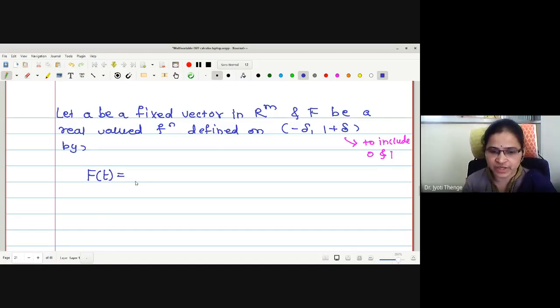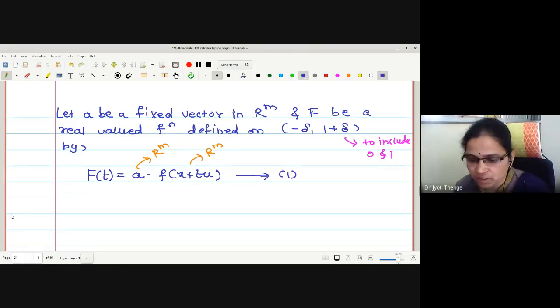Small f is already given, where we define capital F of t as a dot f of x plus tu. No doubt this is a vector in Rm, and this is also a vector in Rm, but the dot product of two vectors in Rm will be a real valued function. Let me call it statement number 1.